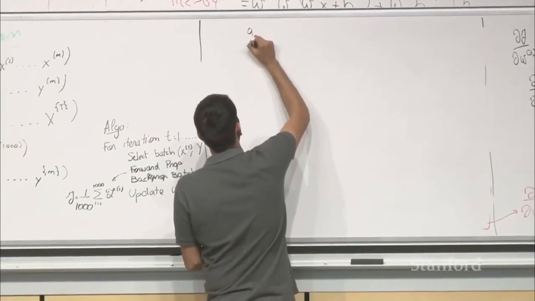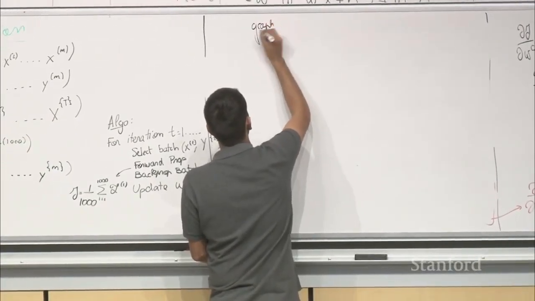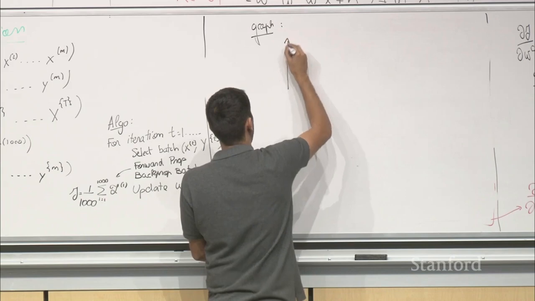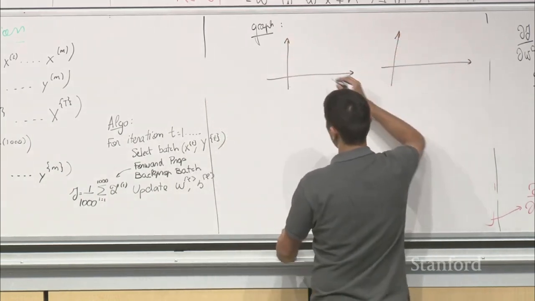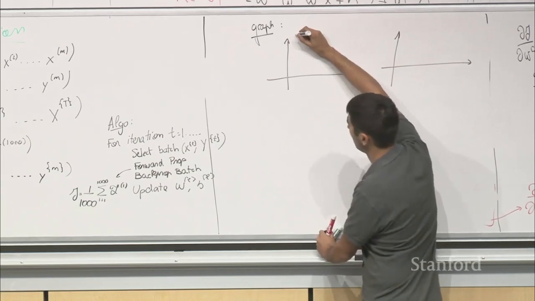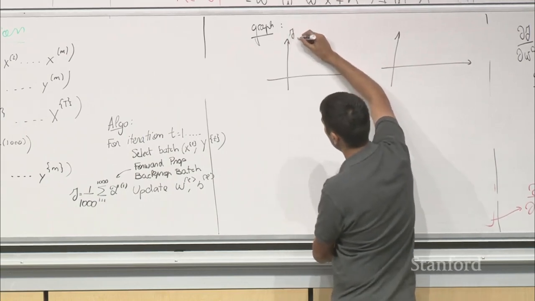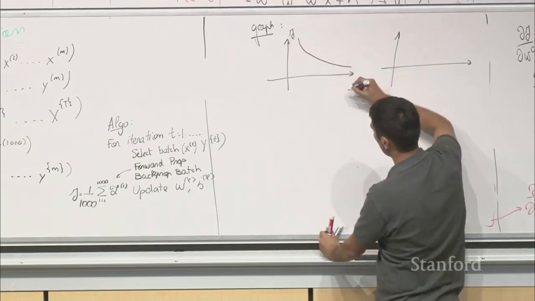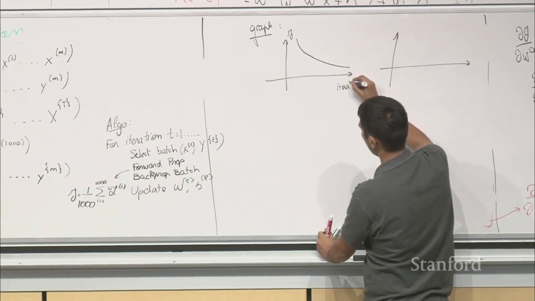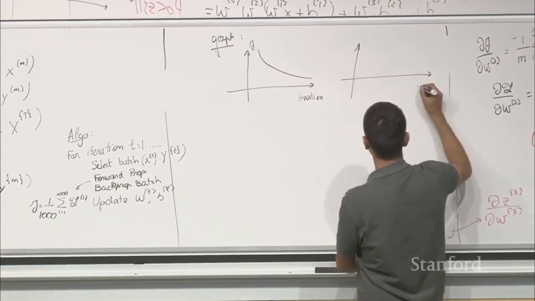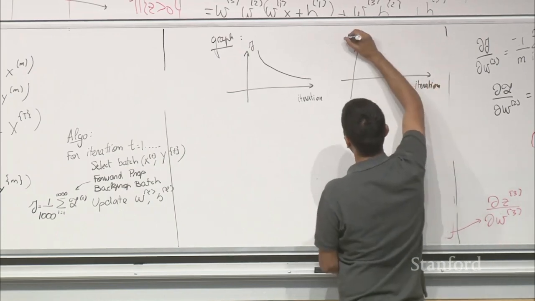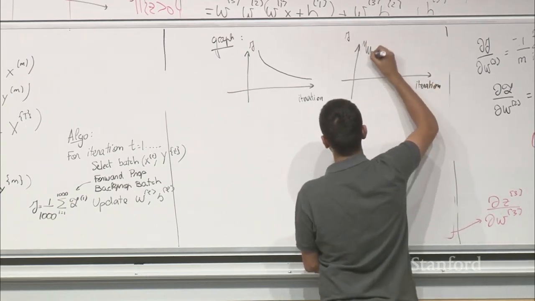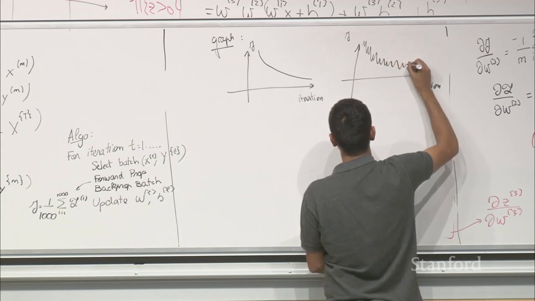So in terms of graph, what you're likely to see is that for batch gradient descent, your cost function J would look like that if you plot it against the number of iterations. On the other hand, if you use mini-batch gradient descent, you're most likely to see something like this.